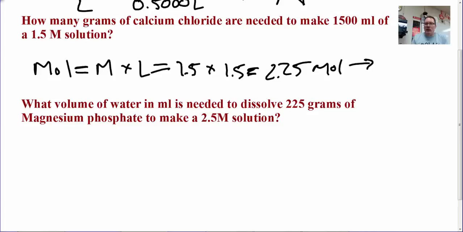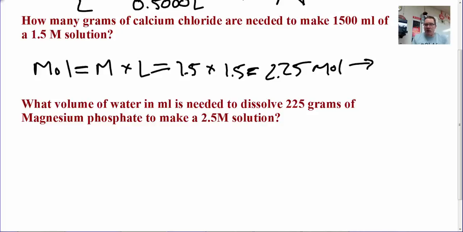Now to get to grams, I'm not going to show you the math because we know how to do this, but I'm going to have to multiply by the molar mass of calcium chloride, so I'm going to have to add up the molar mass of calcium chloride. And your thing here is you should know your naming. That's 1 calcium and 2 chlorines. It comes out to be about 111 grams per mole.